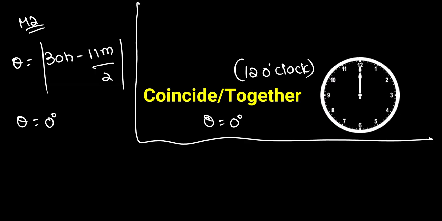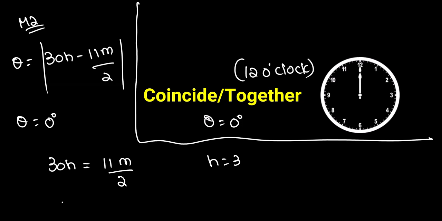Now put theta 0 in the above formula. Then 30h equals 11m by 2. Can I write like that? Now 3 o'clock to 4 o'clock means h must be equal to 3. If the question is 5 o'clock to 6 o'clock, h must be 5. Now calculate the m value, which will come as 16 4 by 11 only.